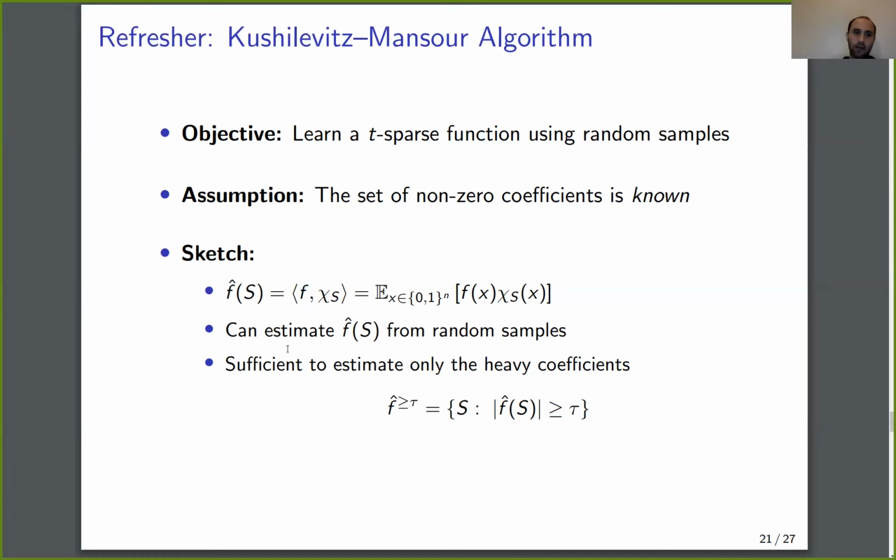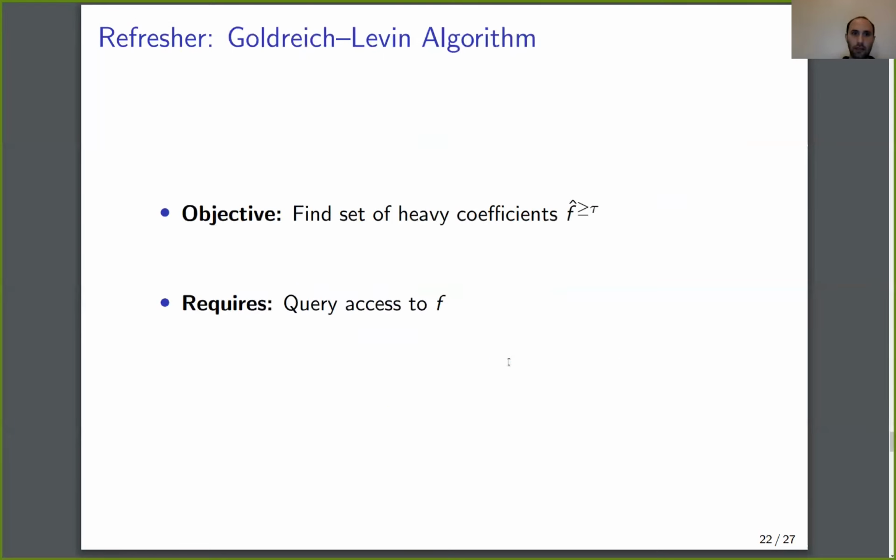And in fact, you don't even need to estimate all the Fourier coefficients that are non-zero. It's enough to estimate the heavy ones, those that have absolute value at least tau for some tau that depends on how good of an estimate you want of the function f. Okay, so that's the Kushilevitz-Mansour algorithm.